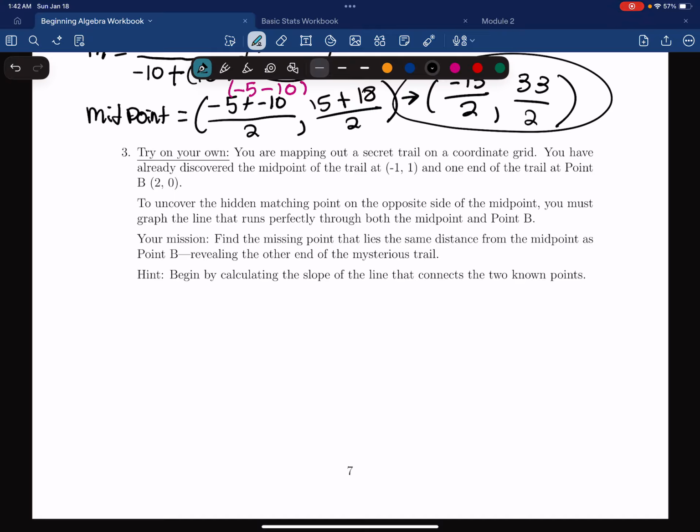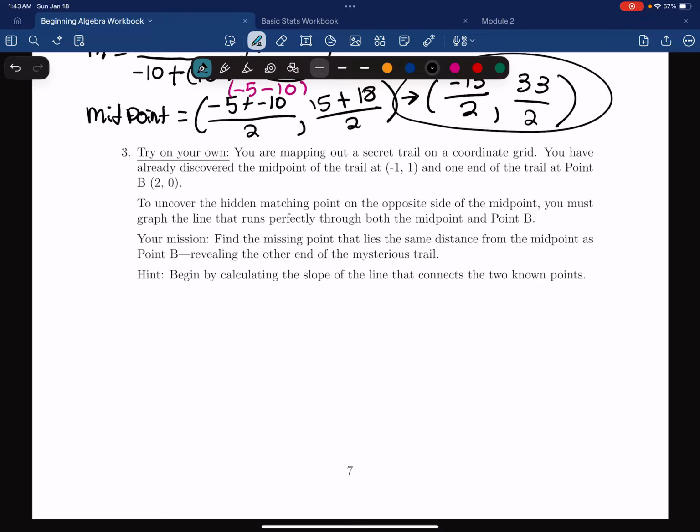To uncover the hidden matching point on the opposite side of the midpoint, you must graph the line that runs perfectly through both the midpoint and point B. So your mission is to find the missing point that lies the same distance from the midpoint as point B, which will reveal the other end of the mysterious trail.